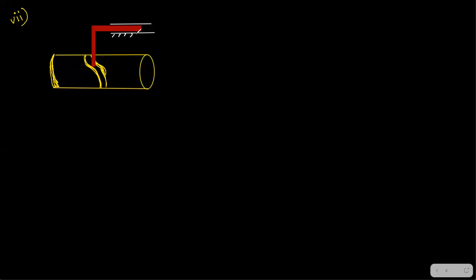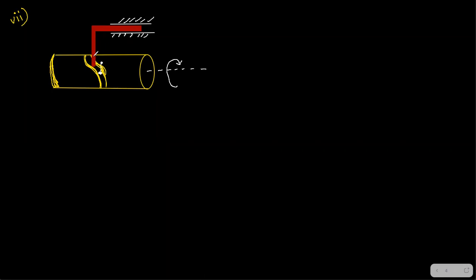And this is fixed. Now just imagine as the cylinder rotates about this axis, what will happen? Just imagine that this point over here after rotation has come here. After rotation, this groove is here, right? It will travel in this circular path only, right?